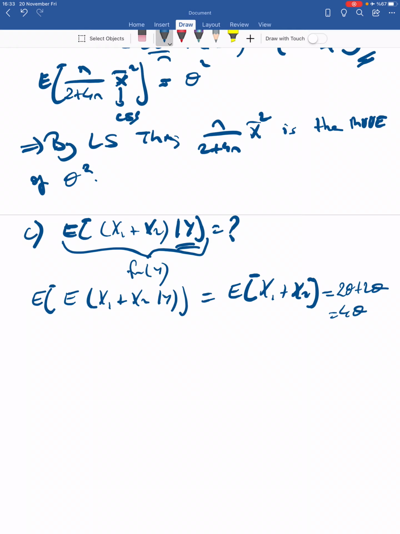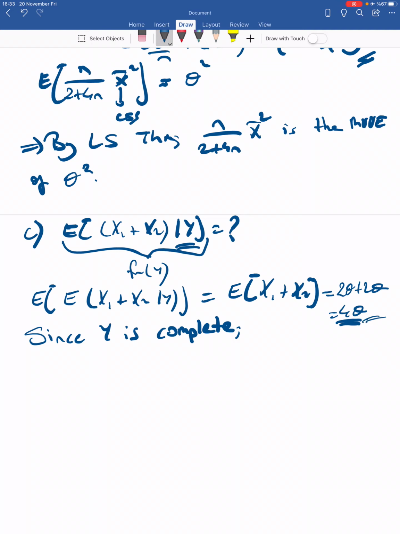So since y is complete, it helps us to get a unique result. Okay, so this means that there can be only one function of y whose expectation can be 4 theta. Because when we have a complete statistic and consider the expectation of this statistic, there can be only one unique function of y which satisfies this expectation.